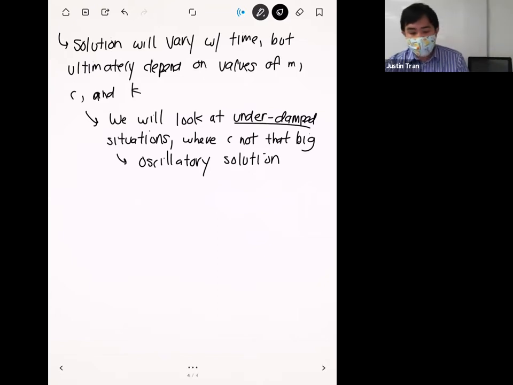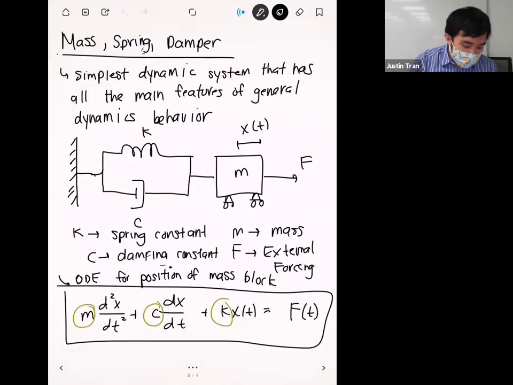Okay. For an underdamped solution, if you took your mass spring damper and struck it with a hammer, providing an impulsive forcing, it's going to cause the mass block to oscillate back and forth.